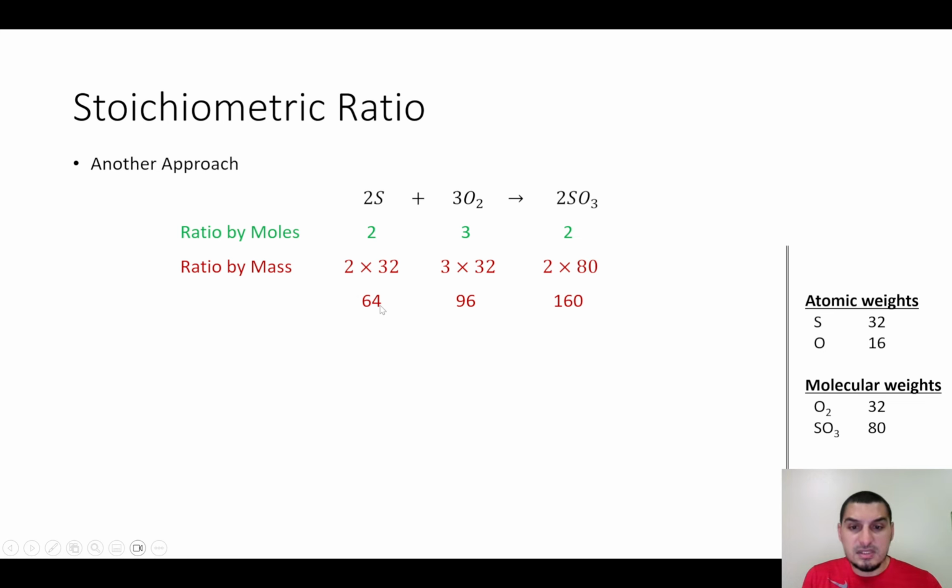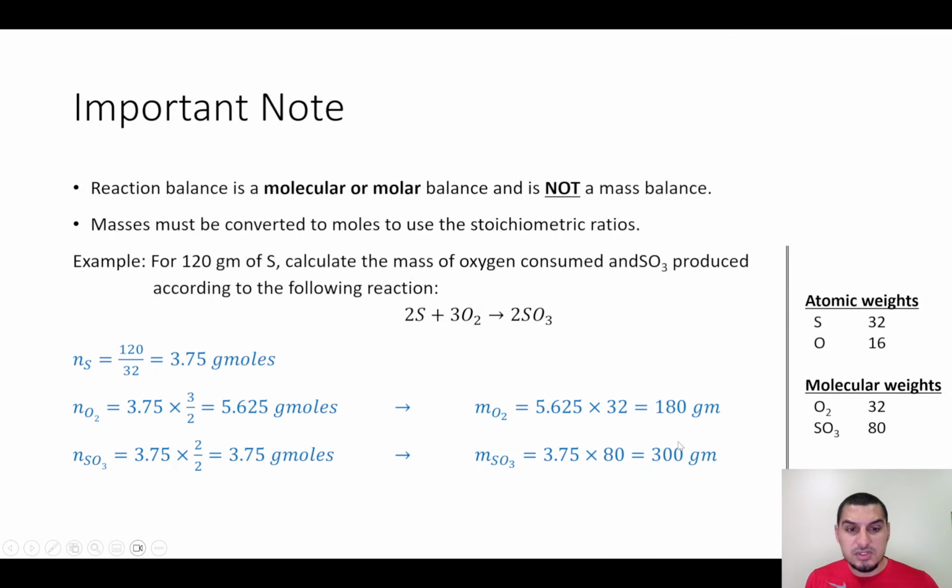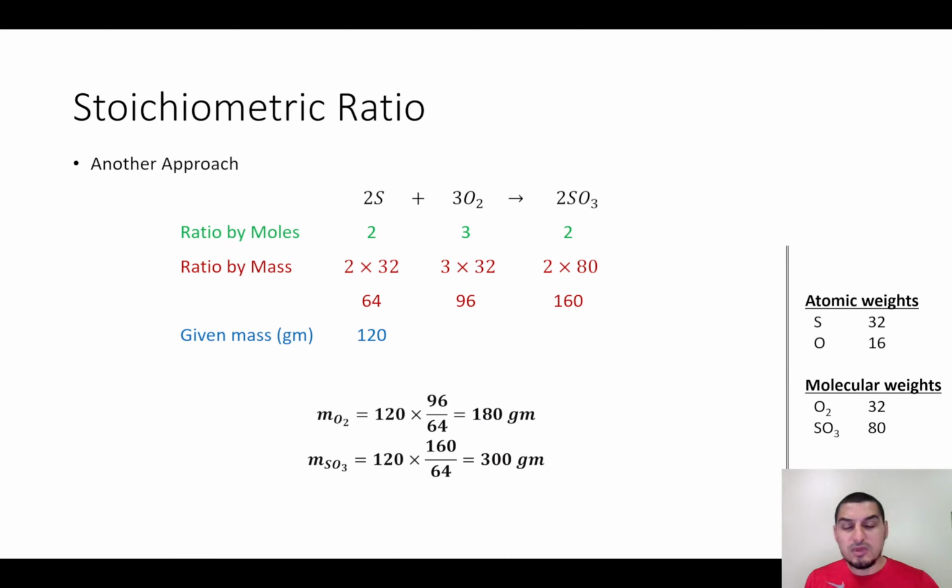So I know that 64 grams of sulfur react with 96 grams of oxygen, producing 160 grams of SO3. So I can put this 120 grams, and from the ratios directly I can calculate the mass of oxygen and the mass of SO3. So this is another approach that you can use. Either way, it's going to produce the same thing. These are the same numbers that we saw here. Oxygen 180 grams, SO3 300 grams.